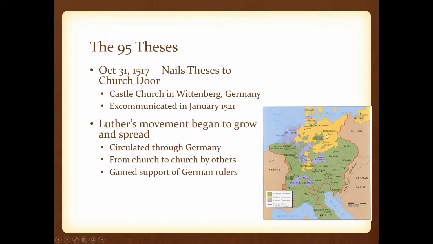And you can see here on this map that it is the northern German states that really take to Lutheranism, while the southern portions of the Germanic states remain Catholic for the most part. And in the middle there, you also see a new religion that's also going to be in protest, known as Calvinism.